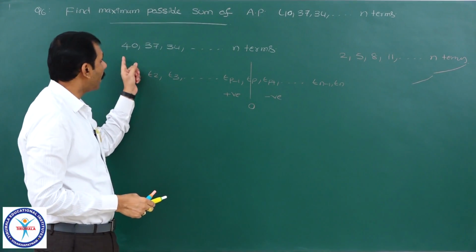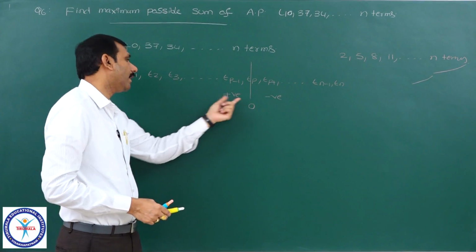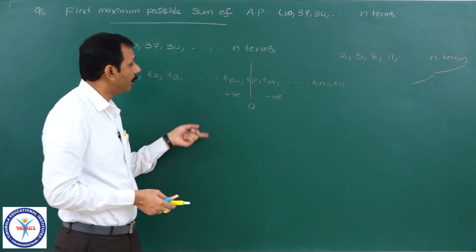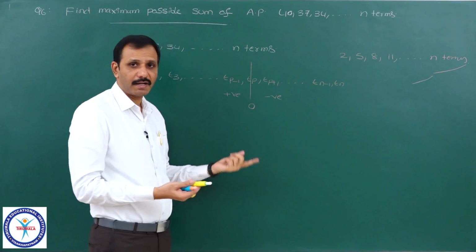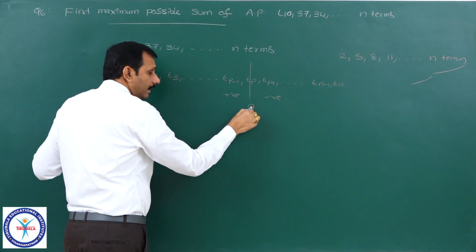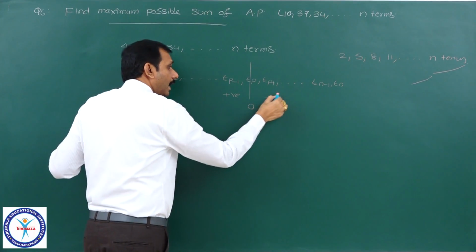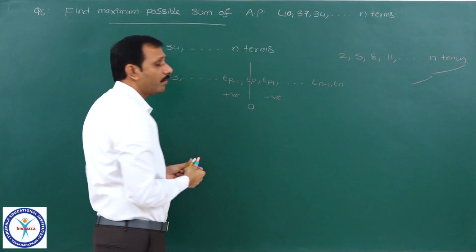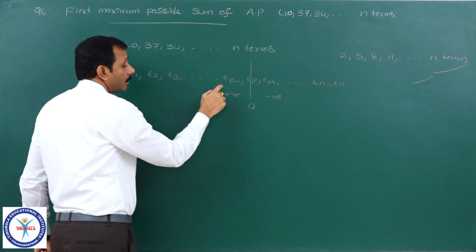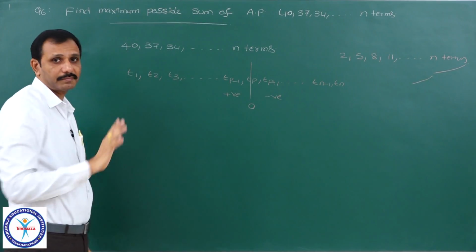Now if I add this sequence of terms till Tp minus 1 or Tp, because it is equal to 0, even if you add with this one no effect only, even if you neglect also no problem. I can say if this term is equal to 0 means start from here onwards all the terms will become negative. Maximum possible sum means if you add all these terms till p minus 1th term, it will be the maximum sum.